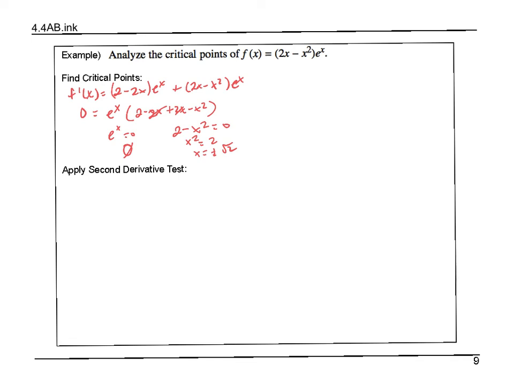So if we derive the first derivative, and I'm going to note that my first derivative did simplify to e to the x times 2 minus x squared, and that's what I'm going to derive from. So using product rule, I get here. Again, I'm looking to factor this out.